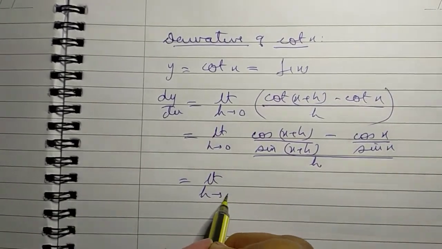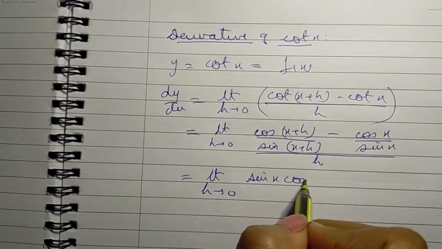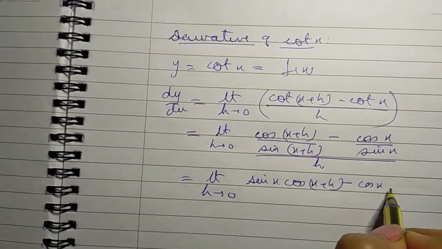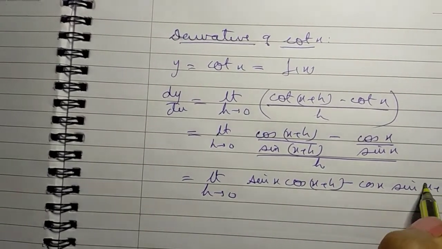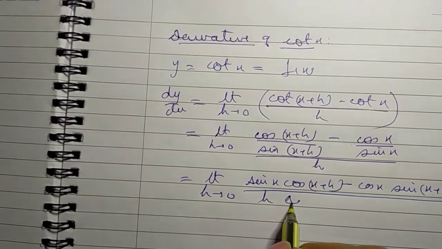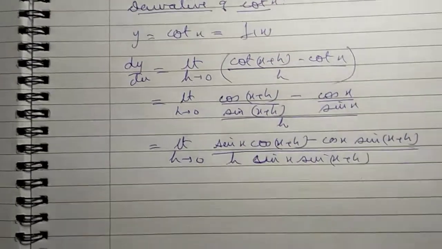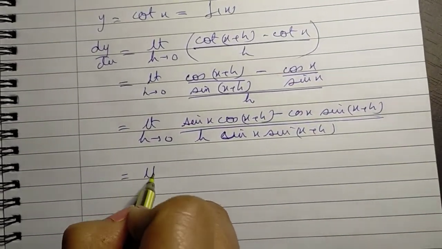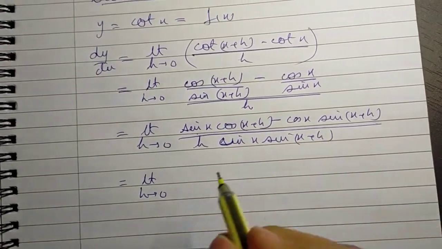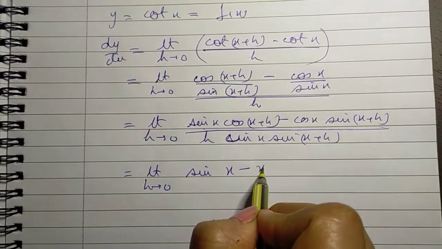Again, taking LCM, we get sine x cos(x plus h) minus cos x sine(x plus h), whole upon h times sine x sine(x plus h). Now again the numerator is an identity, sine a cos b minus cos a sine b, so we get sine of (a minus b).